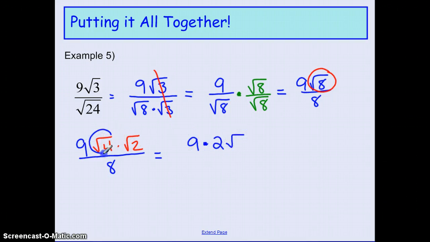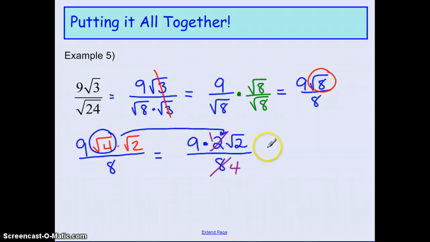So we could take this radical 4, make it a 2. And now that is all over 8. We want to try to simplify as much as we can. And I see that I can cancel out a 2, make that a 1. Cancel out an 8 and make that a 4. So what we're left with, really, at the end, is a 9 radical 2 over 4.